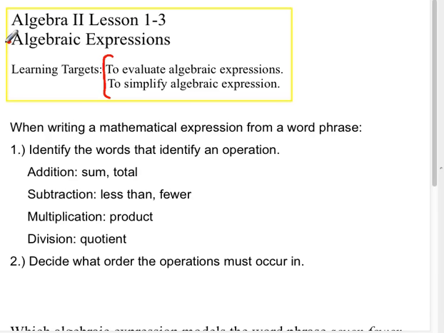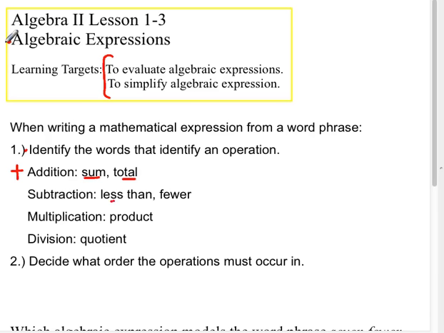So I'm going to describe something to you in sentence form, and I'm going to ask you to be able to mathematically write it. So, first thing that you want to do is identify the words that identify an operation. What that means is if you see the word sum or total, that's going to tell you you're adding.